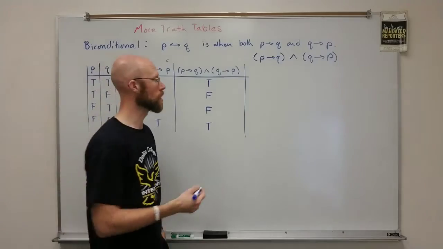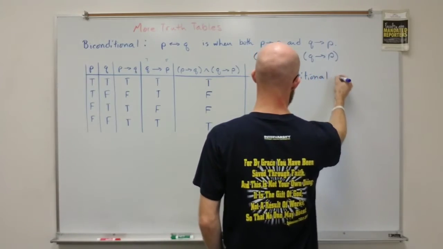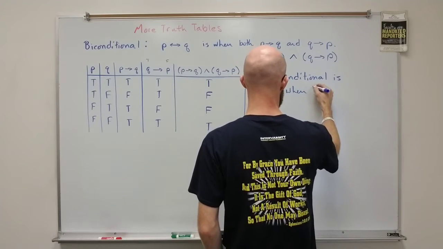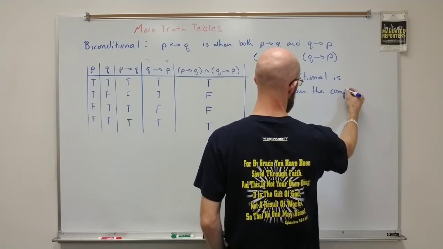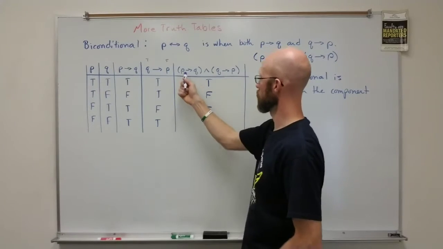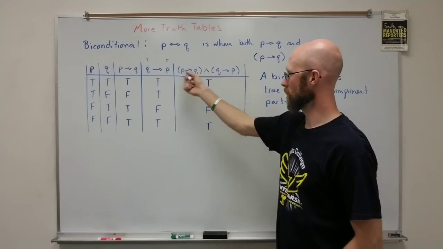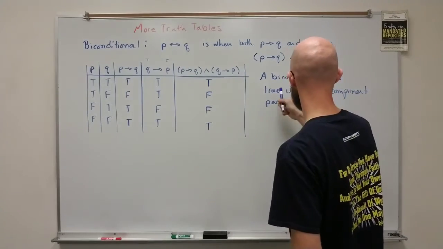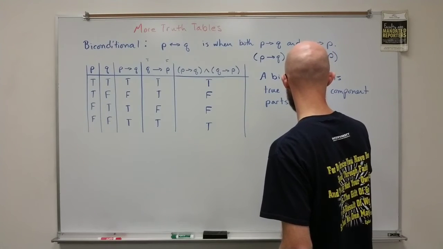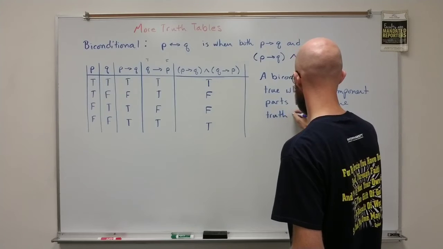So by definition, a biconditional is true when the component parts, by which I mean the antecedent and the consequent, but it's really an antecedent and consequent the other way as well, have the same truth value.